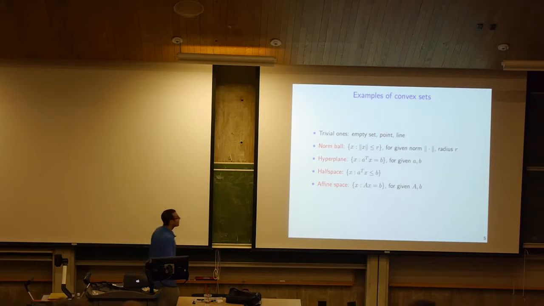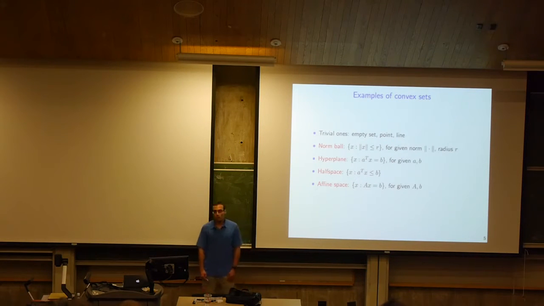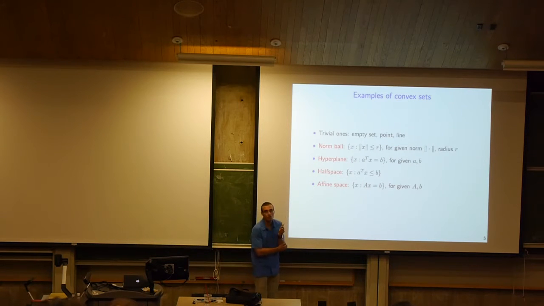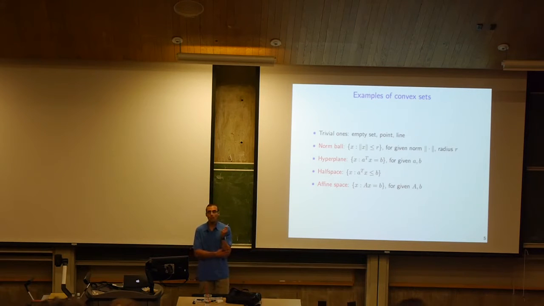Here are some more interesting examples. A norm ball is always convex. If you have any norm on R^n, which we'll denote by these double brackets, the L2 norm is one example, the L1 norm is another. The set of all x for which that norm is less than or equal to r, a ball around 0 in a particular norm, is a convex set. I'll leave you to check that.